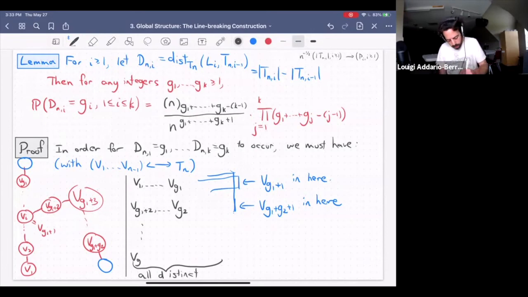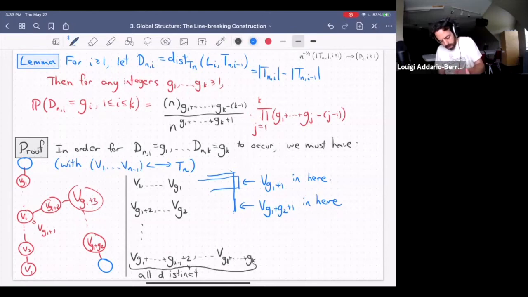So it finishes off with g_{k-1}, so g1 plus all the way up to g_{k-1} plus 2, and so on up to vg1 plus g2 plus gk. Those should all be distinct.